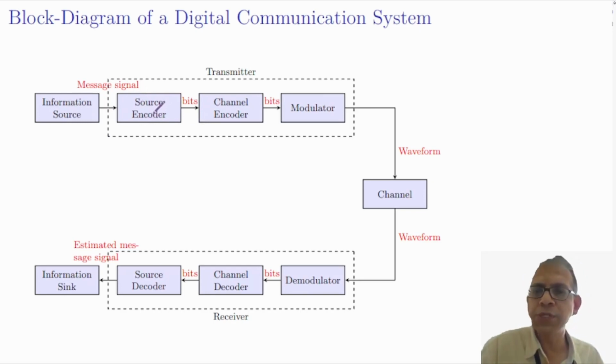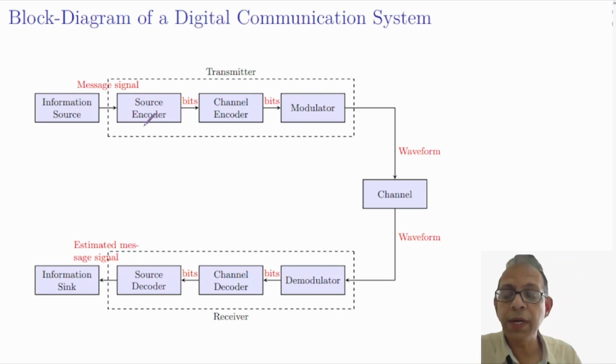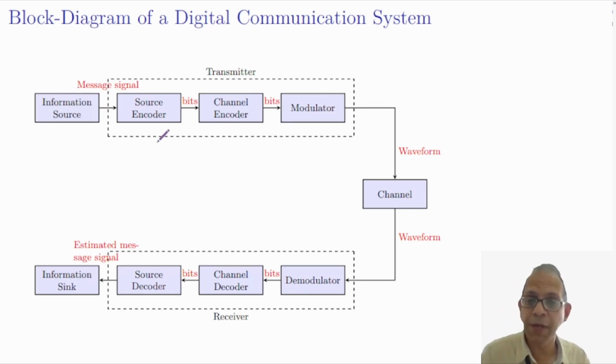Another very important job of the source encoder is to compress the signal by removing any redundancy that may be present in the signal. So a source encoder removes redundancy to increase the efficiency in the communication, which is one of the primary objectives.